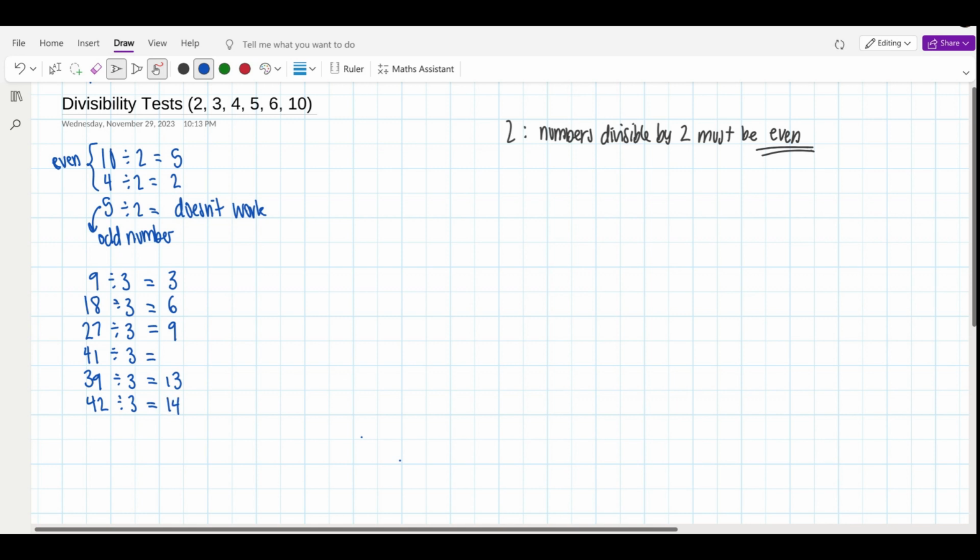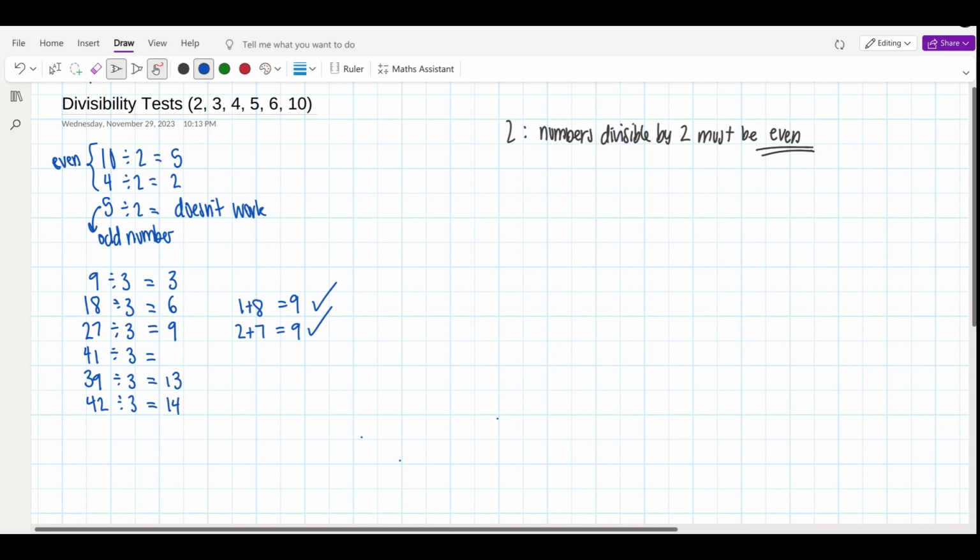Now to check if a number is divisible or not, we can actually just add our integers together. See, if we add 1 and 8 together, we get 9, and we know that 9 is divisible by 3. If we add 2 and 7 together, that also gives us 9, which we know is divisible by 3.